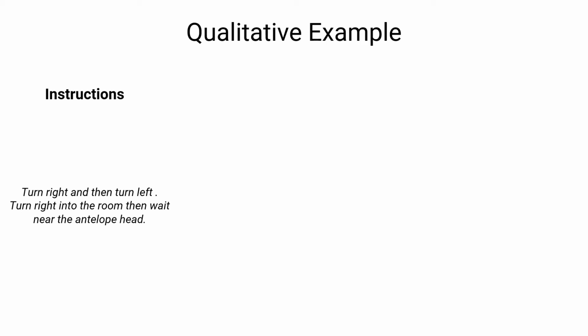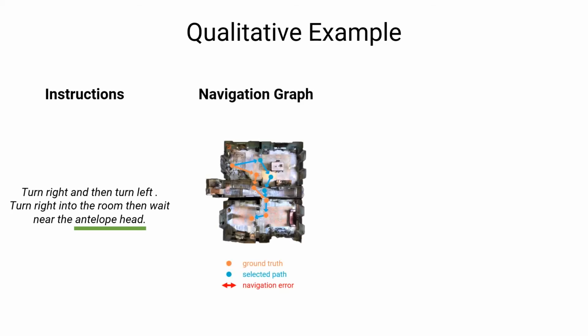The navigation instructions describe a path that turns right, then left, then right, and eventually ends up near an antelope head. The path selected by VLN-BERT is shown in blue and ends at the same goal location as the ground truth path shown in orange. So, in this example, there is no navigation error.